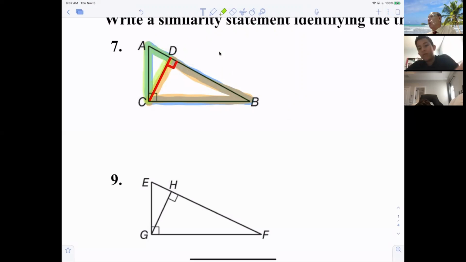With the small and the medium triangle, do they share anything besides the right angle? No. That one's a little bit harder to see. But if you look at the large one and the small one, they share A, right?